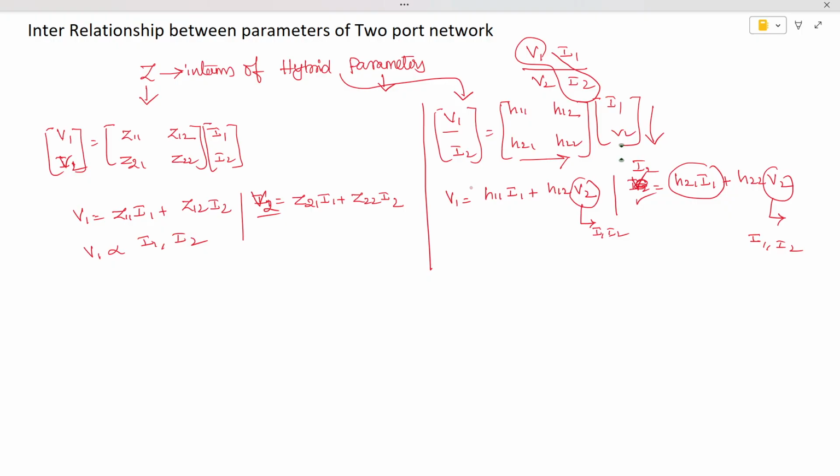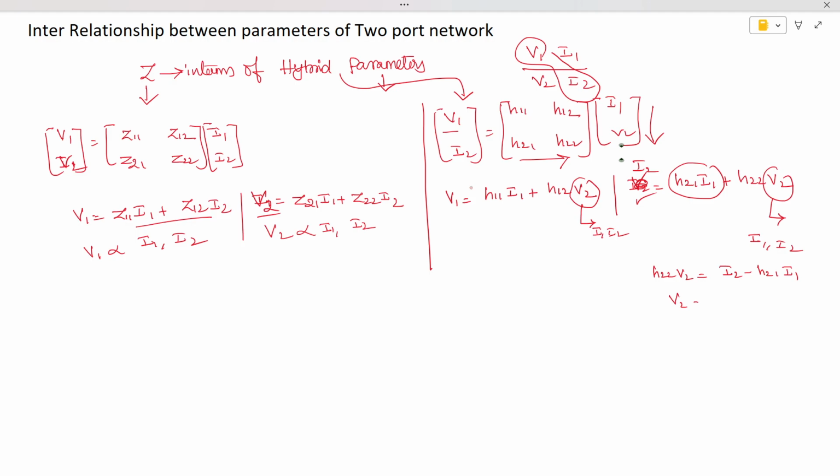The concept is that we want to express everything in terms of I1 and I2. When you compare this equation, V2 should be there, so write down only the value of V2. H22 V2 is equal to I2 minus H21 I1. Now you can see this V2 expression is also in terms of I1 and I2.